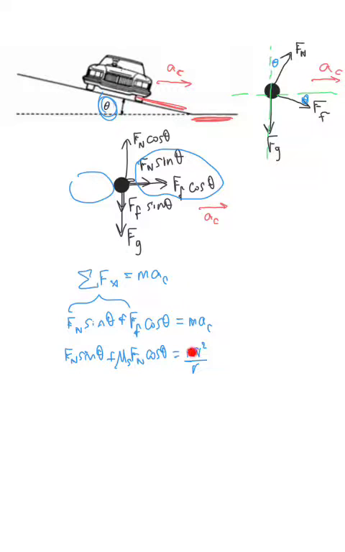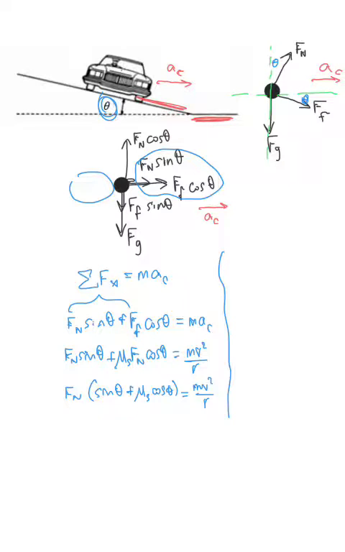We cannot cancel that altogether because there's no Fn in this term, but we can at least factor it out here. So that's going to leave us with Fn times sine theta plus mu_s cosine theta. And if you look at that stuff in parentheses, you'll notice that that is the numerator of the expression we're trying to solve for that's under the square root sign. So that kind of gives us an idea that we're on the right track. Remember, this is equal to mv squared over r. That's about as far as we can go on that side.